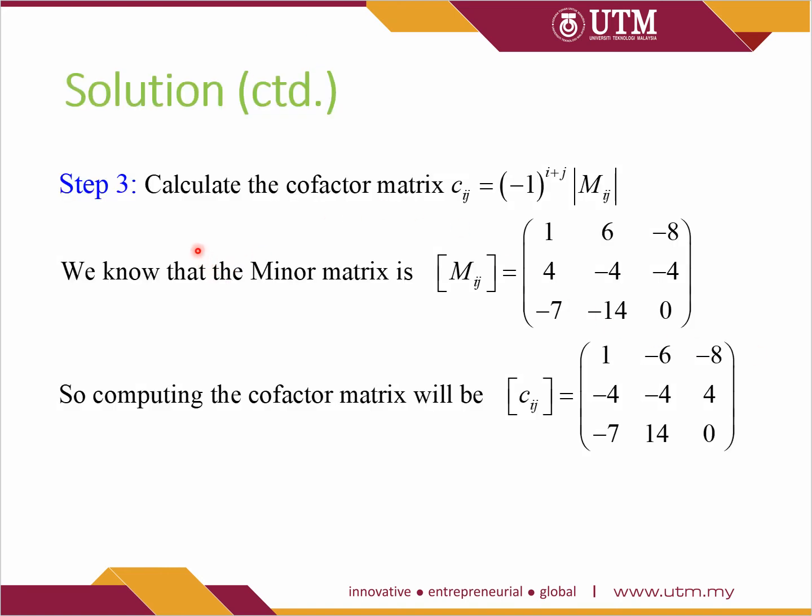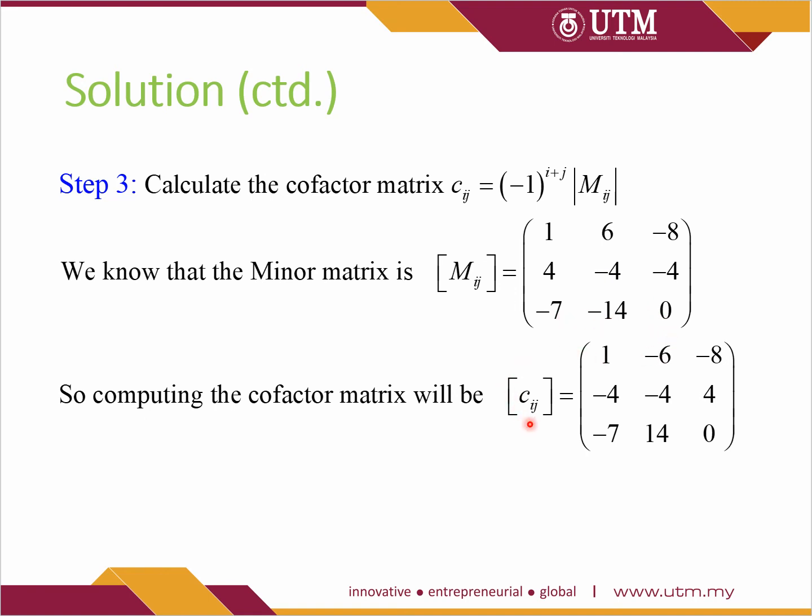Then after that, you can calculate the cofactor matrix using this formula, where for the cofactor you just put the negative and positive signs inside the minor matrix. For the first row and first column, the sign should be positive, this one should be negative, and this one should be positive. Here will be negative, positive, negative, positive, negative, positive.